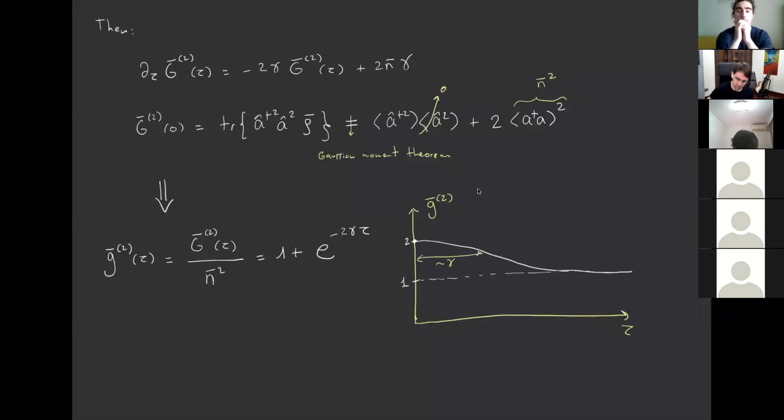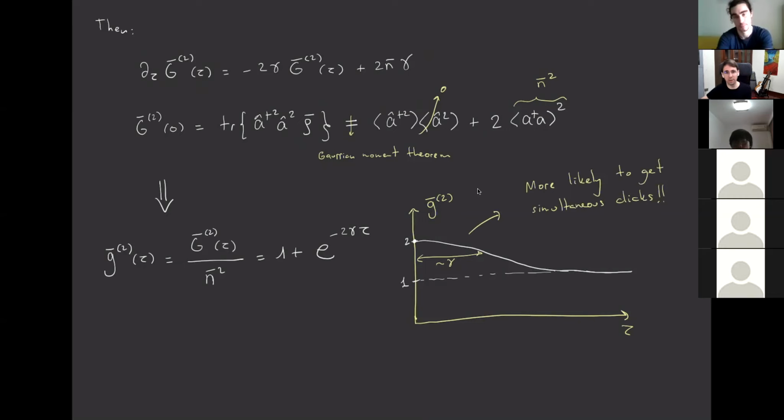But what's interesting about this expression is that it's telling you that it's more likely that you get simultaneous clicks. So remember the interpretation of this correlation function.